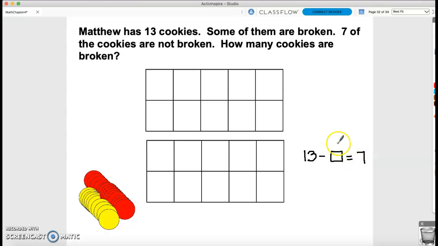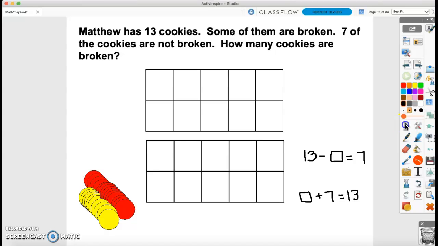So remember, we can think addition to help us subtract. So if I know that he has 13 cookies altogether, that's going to equal the broken ones plus the non-broken ones. So let's go ahead and figure this out with our 10 frame.